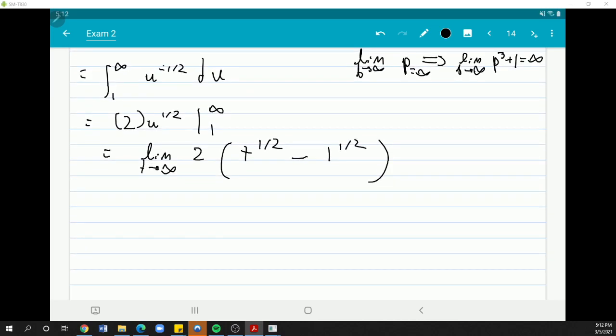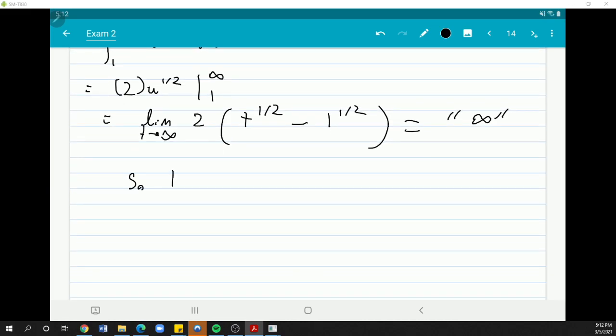But as t goes to infinity, this thing equals infinity. So specifically, you should say the integral diverges to infinity. So this is not a good integral. It doesn't make sense. It's too big.